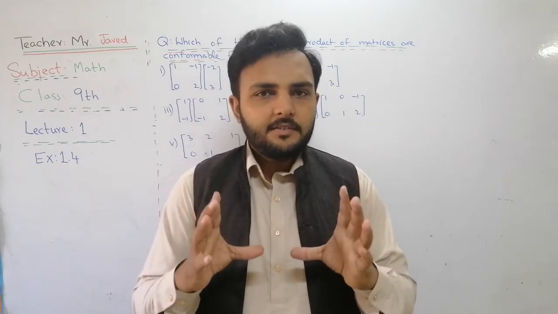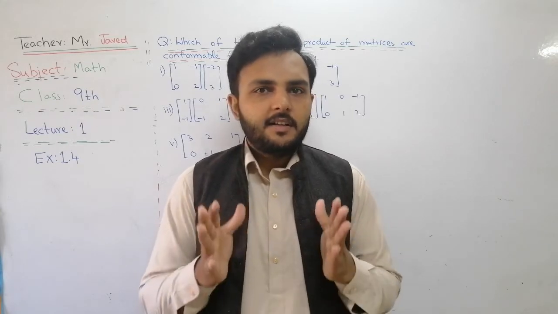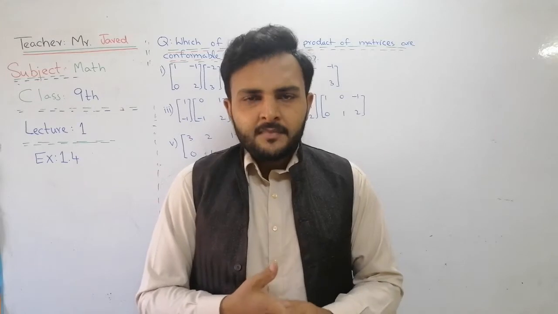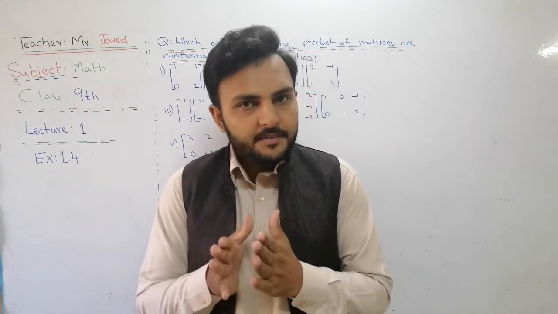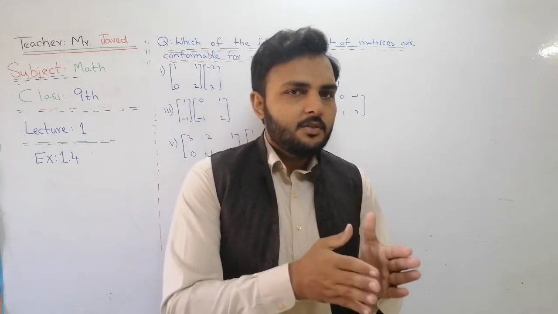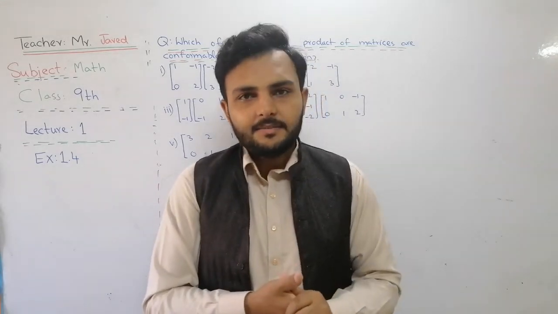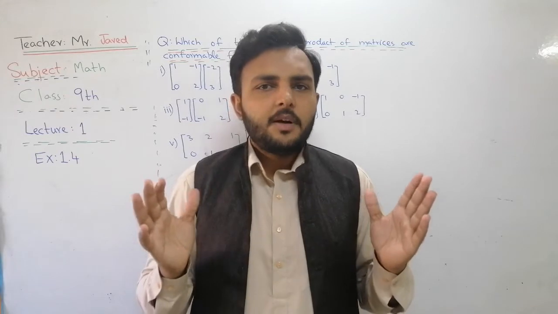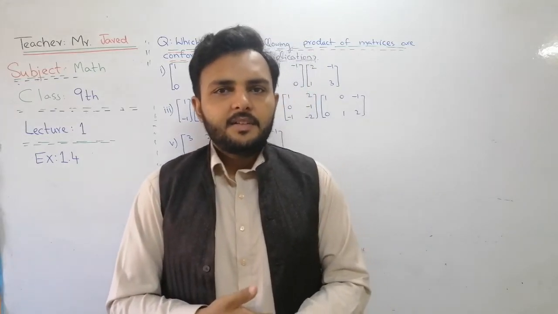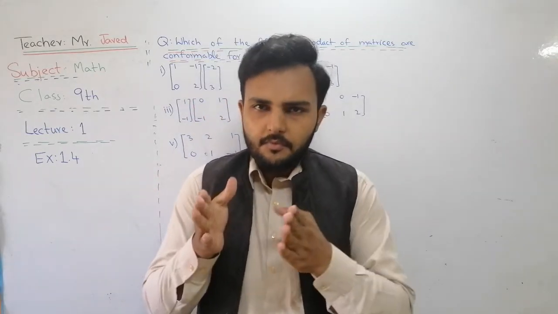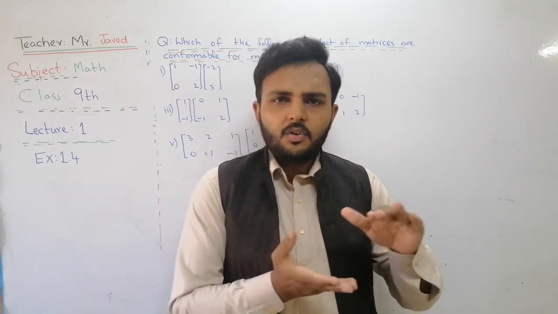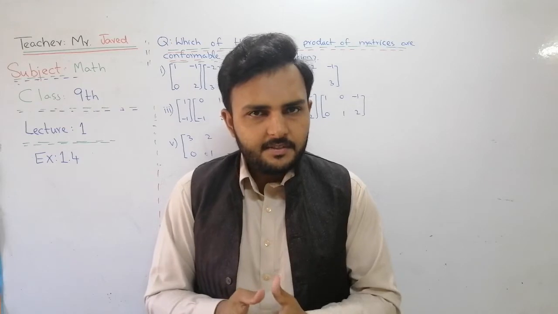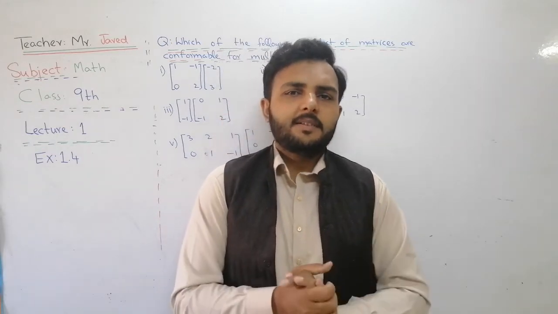If you have a matrix, you should know there are only two things, rows and columns. You will see the columns of the first matrix and the rows of the second matrix. If you have two matrices and you want to multiply them, you will see the columns of the first matrix and the rows of the second matrix.